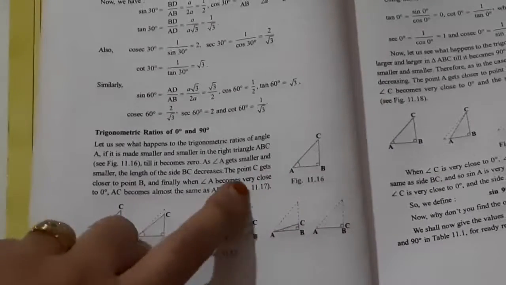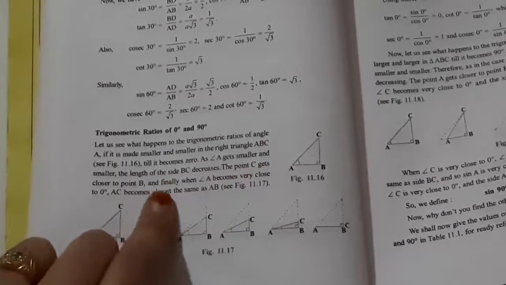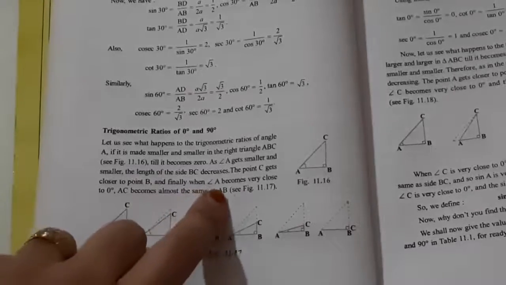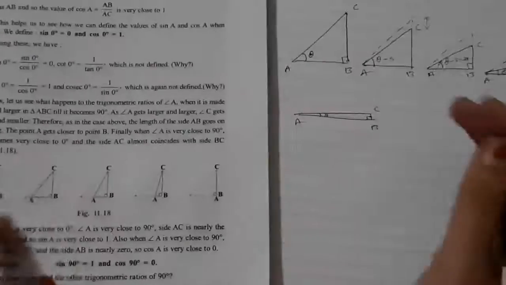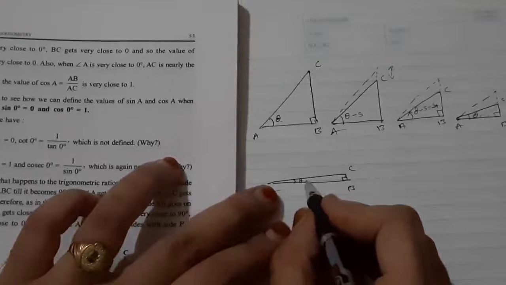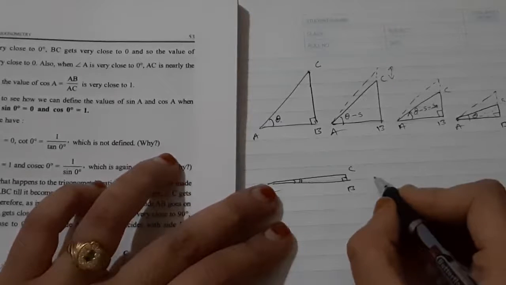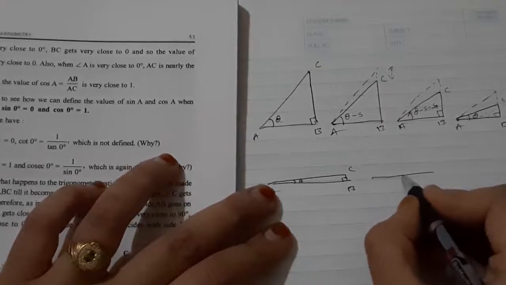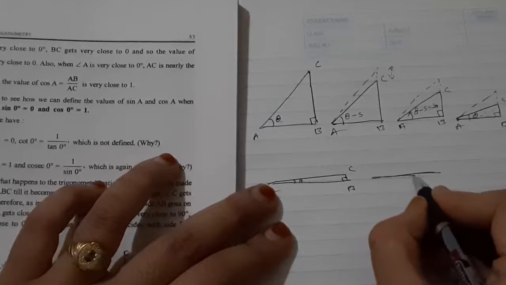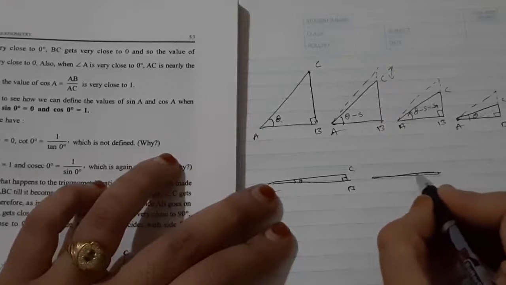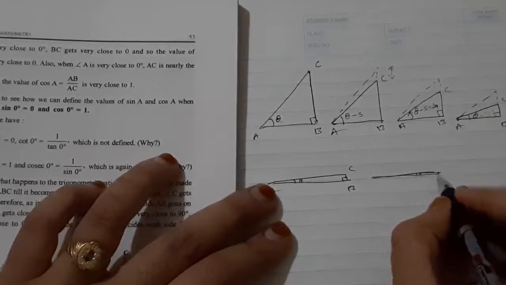The point C gets closer to point B, and finally when angle A becomes close to 0, if you reduce it even more, let us say this much, there is almost nothing here, but there is still some angle.